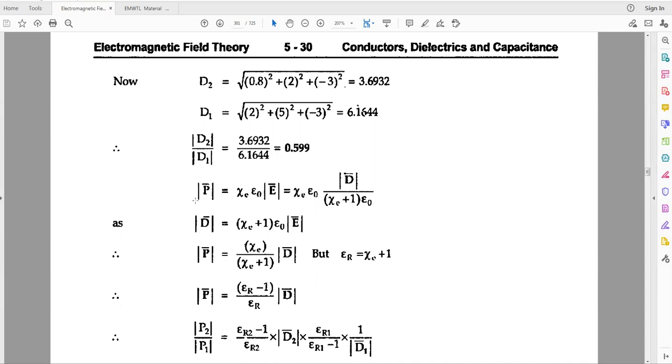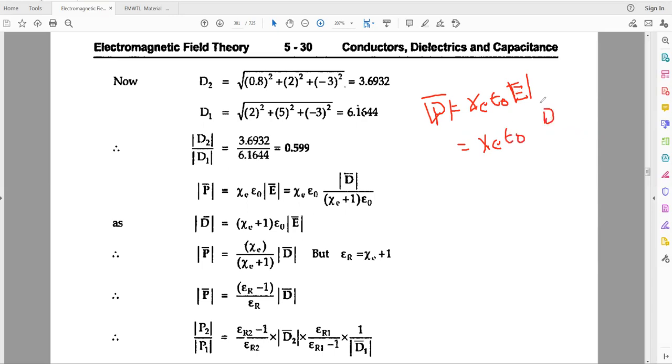And also the polarization. In the previous example we found that polarization P is equal to XC into epsilon naught E bar.